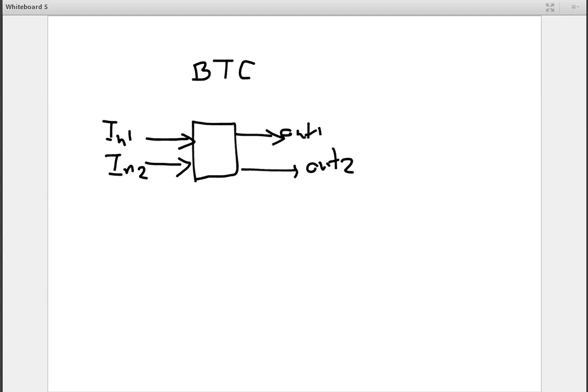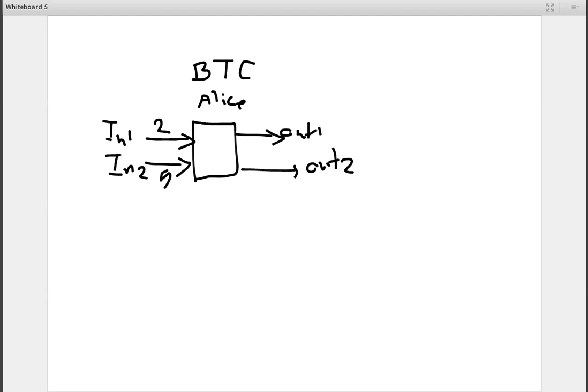For example, suppose that this is Alice. Suppose that Alice receives, I don't know, 2 Bitcoin from one person by this transaction and 5 Bitcoins from another transaction.